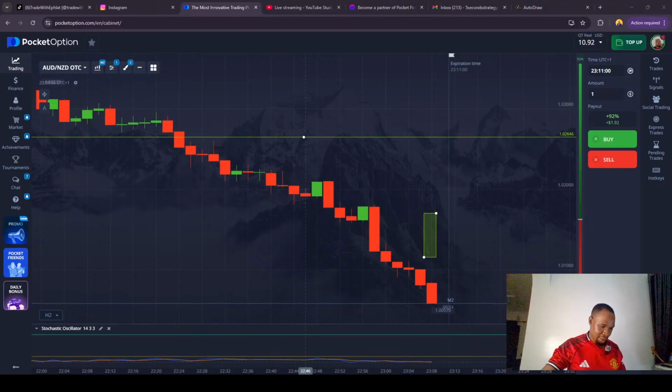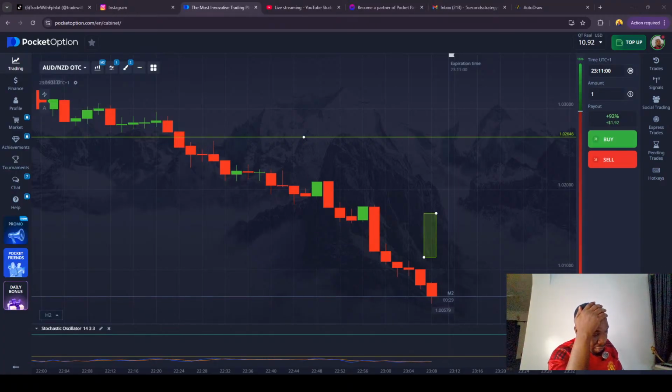Oh wait, for options, is it okay to mark the support and resistance in the last 9 hours like you marked it? No, it is not. For options, you just focus on the recent market structure. You don't need any history.